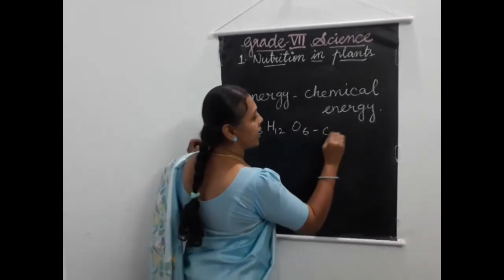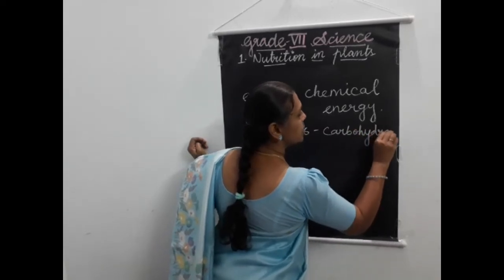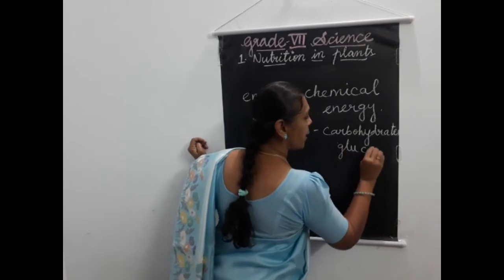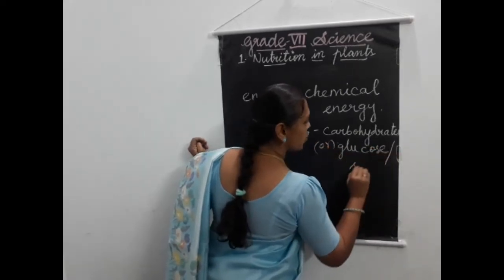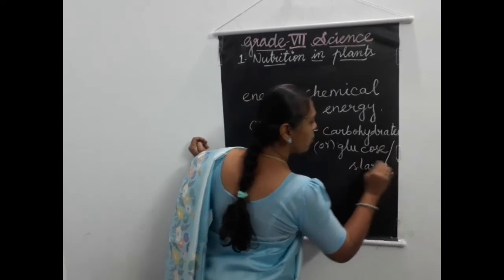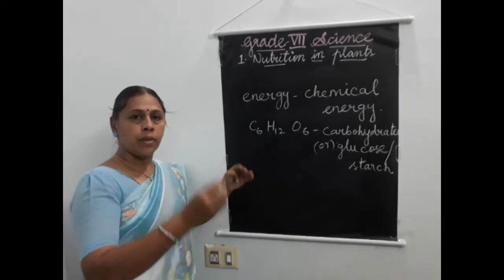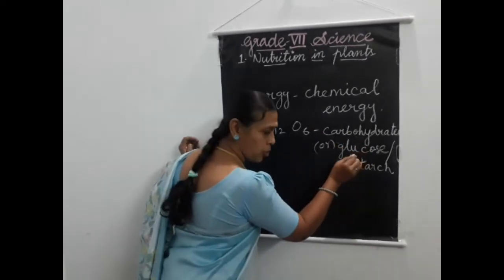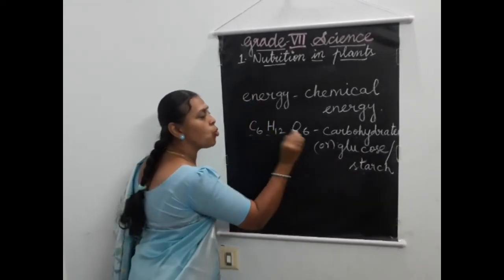It may be called glucose or starch, any one. All are the same. The food prepared by the plants is called carbohydrates or glucose or starch, and its formula is C6H12O6.